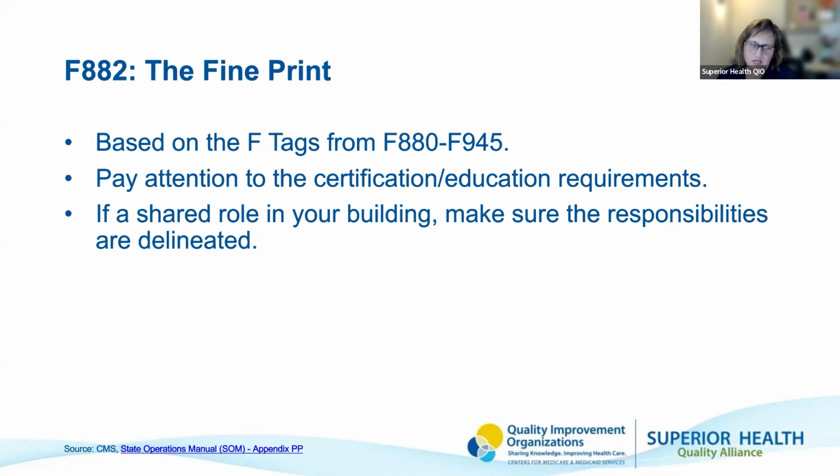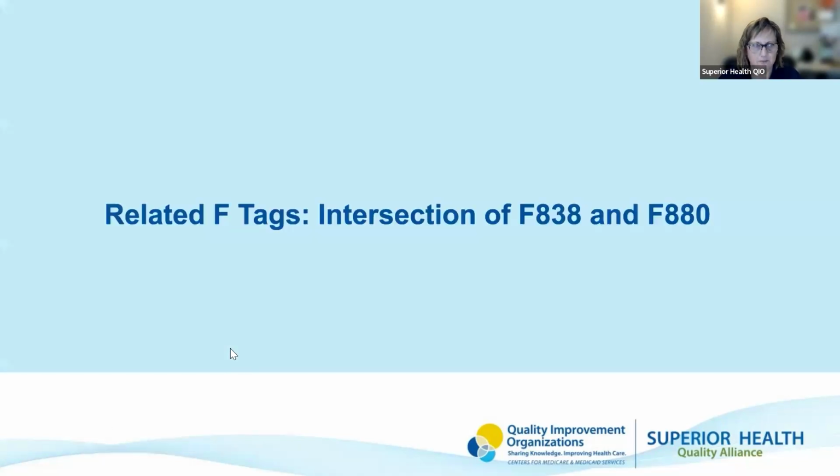That is where you find your F tags and all that fine print. You want to read through them. Interesting thing with CMS and the State Operations Manual, you don't just go to F882 in the table of contents, you have to scroll through. So they are numerical. So F882 is probably mid to end of the SOM is where you would find those F tags. So kind of wonky in how you find them.